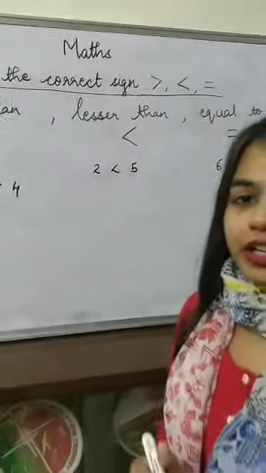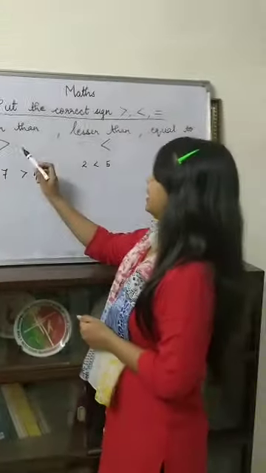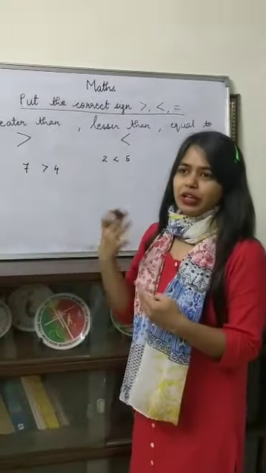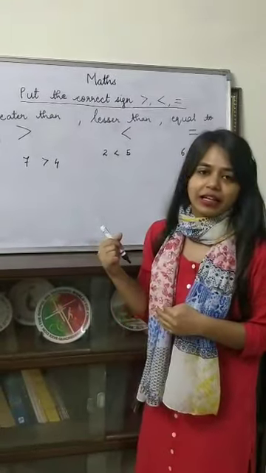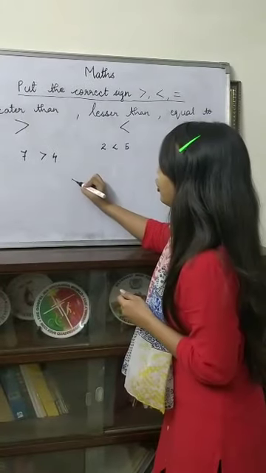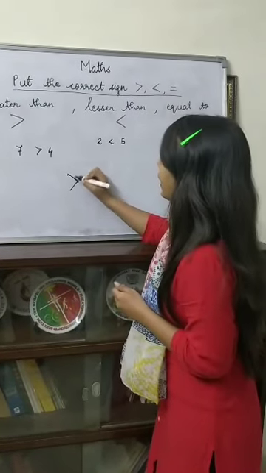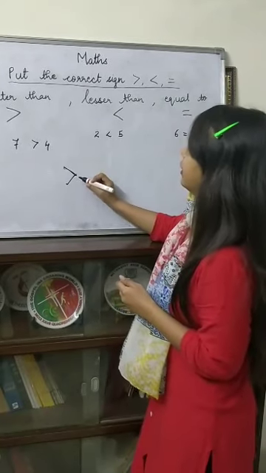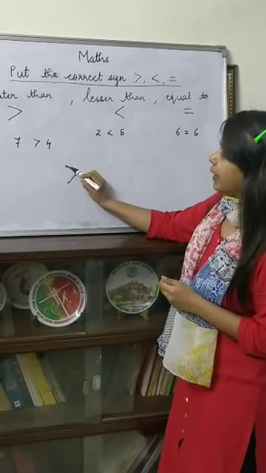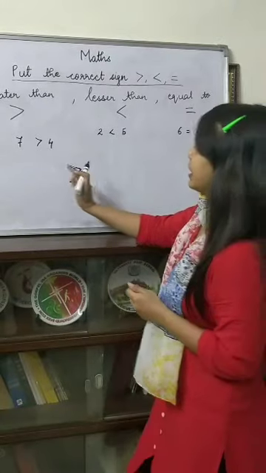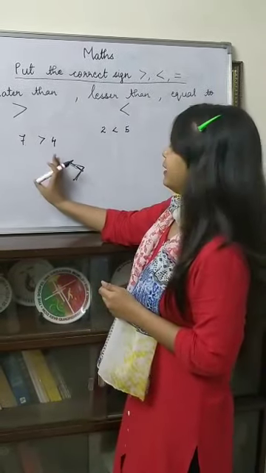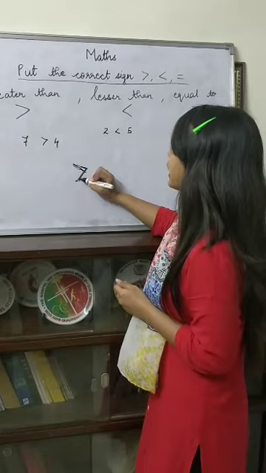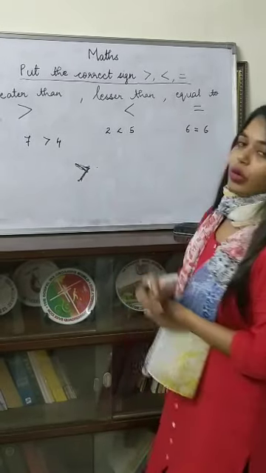Now you must be wondering, how are these signs showing what is greater than and what is lesser than? So let me tell you, when you make this sign, there are 2 points here and 1 point here. Wherever there is an opening, this opening shows the greater value at its side, and this narrow side shows the lesser value at its side.